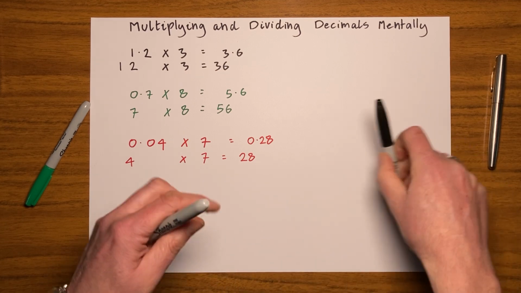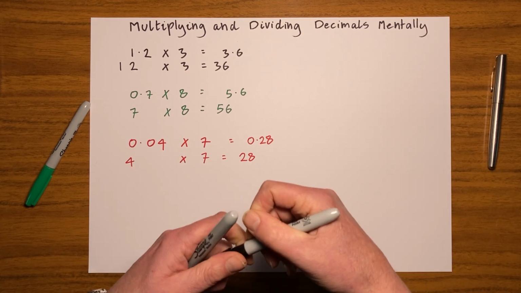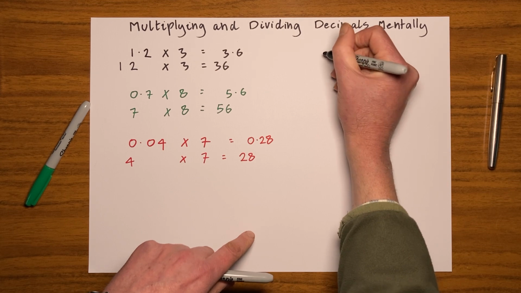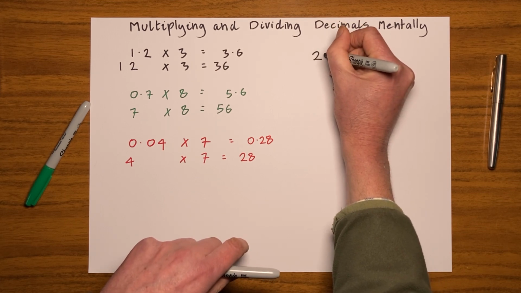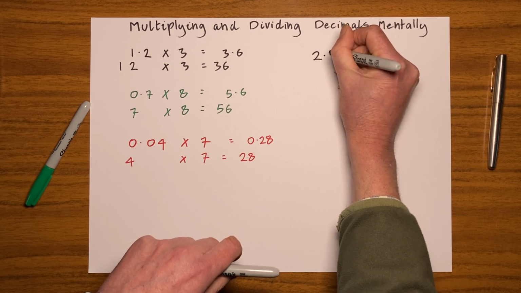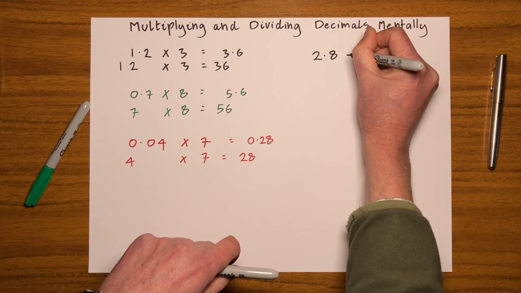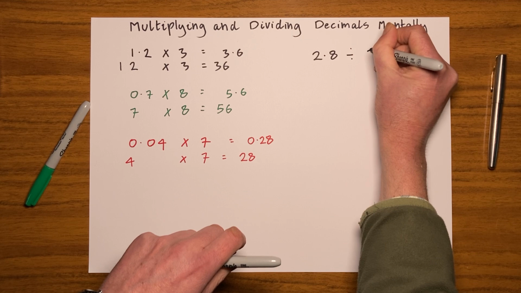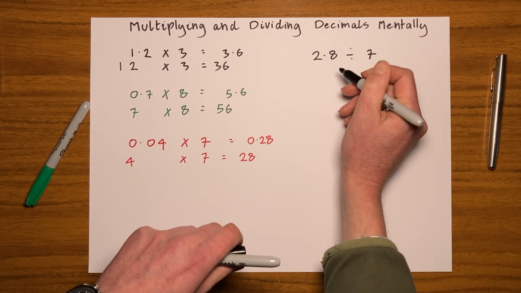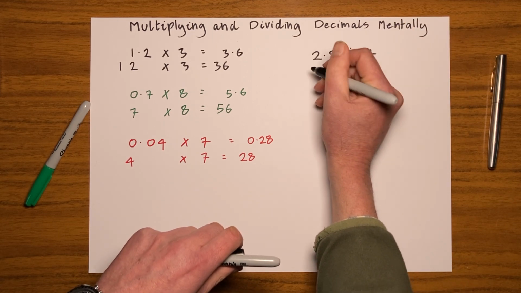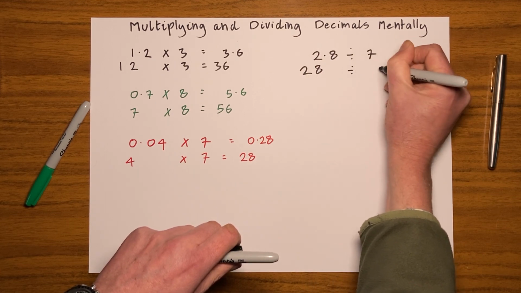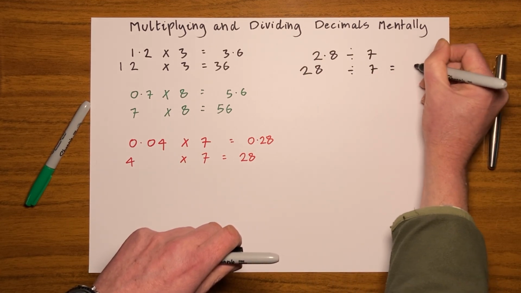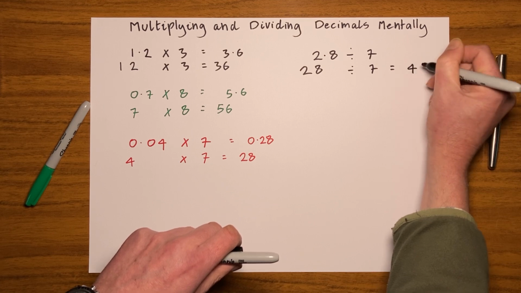It is exactly the same. So if I had, for example, 20, let's not do 28, let's do 2.8 divided by 7. So I'm going to start off to myself and I'm going to think, well, what do I know? I know that 28 divided by 7 equals 4.